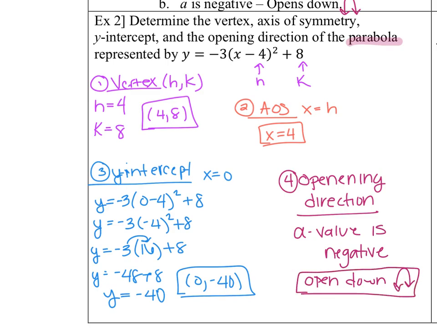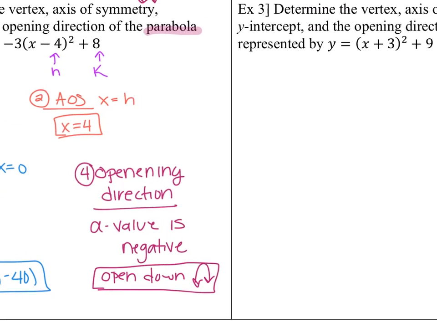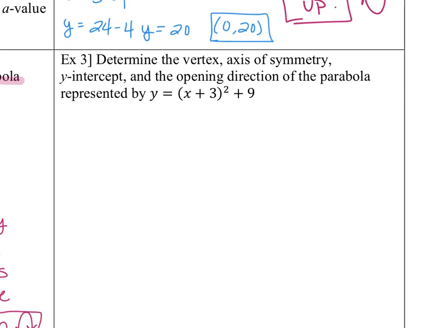Okay. Last example is number 3. So again, determine the vertex, axis of symmetry, y-intercept, and opening direction of this parabola. So step 1, find your vertex, h comma k. H is the number inside the parentheses, k is the number outside the parentheses.